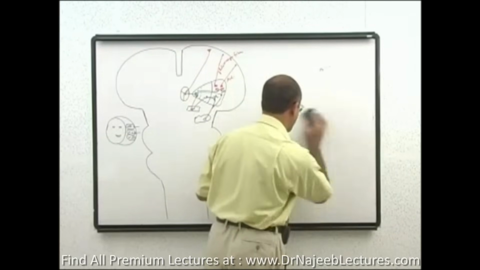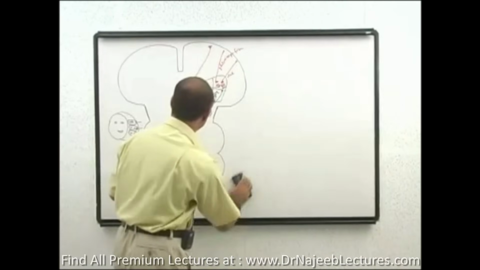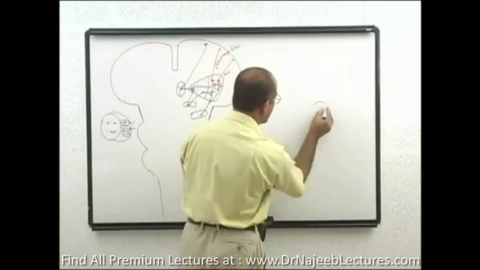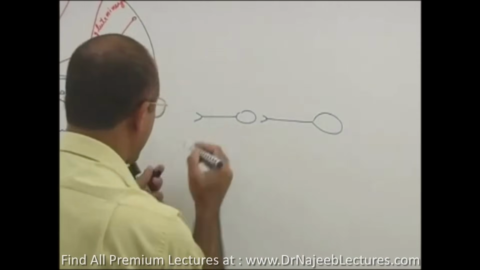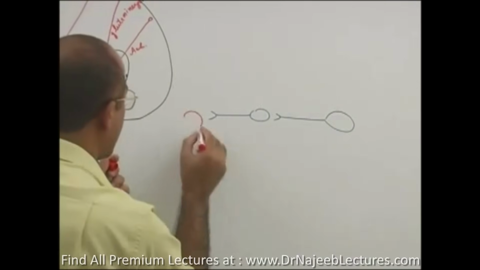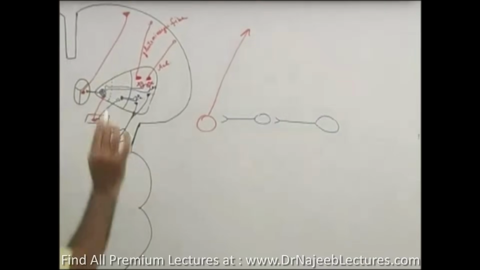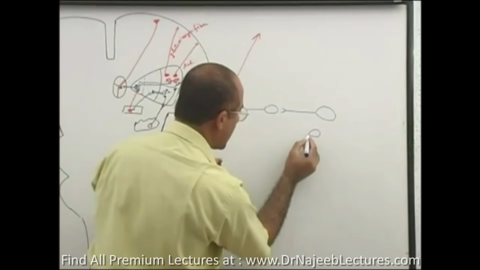Dopamine 1 receptors and dopamine 2 receptors for direct and indirect pathway. This was your direct pathway. And this was your thalamus, neurons going back, this neuron, and this neuron. Clear? This was your indirect pathway.